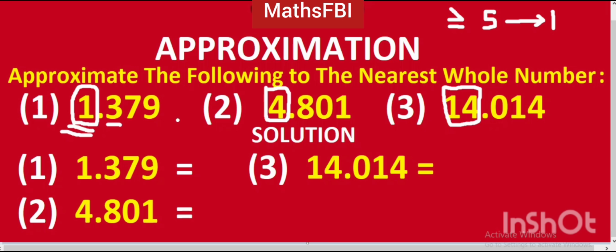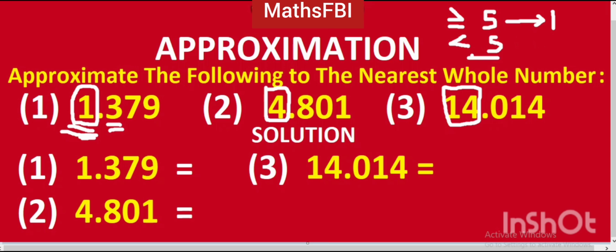Now coming to number 2. The second principle is that if the number next to the whole number in question, like this 3, is less than 5, round it down to 0.